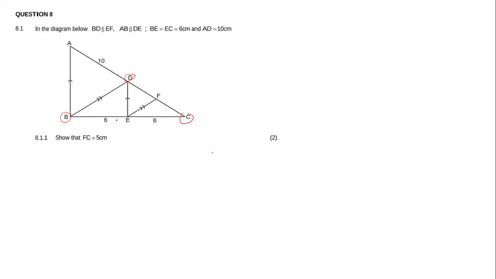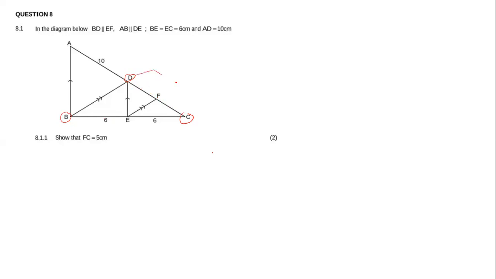But the problem is I do not have DF. If I had DF, for an example, if DF is 7, that means FC will also be 7. But at this point in time, I don't have DF. But do I have DC? Also, I do not have DC. Because if this is the midpoint theorem, I know that DF will be equal to FC, right?